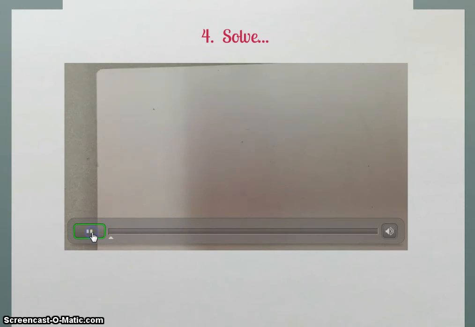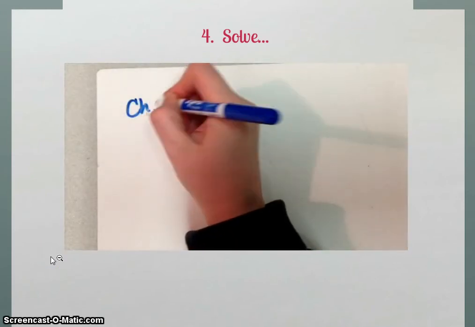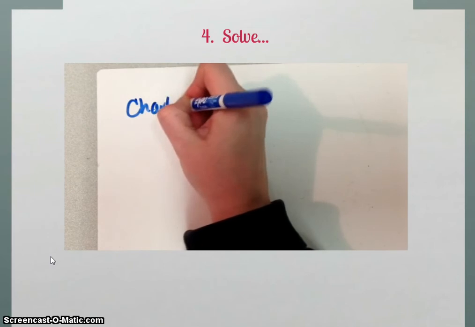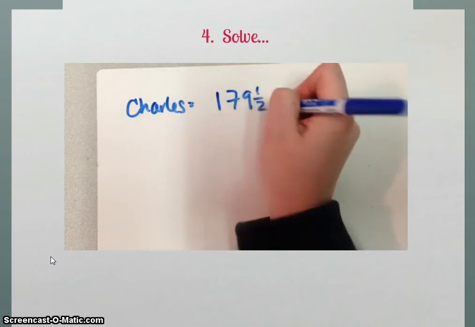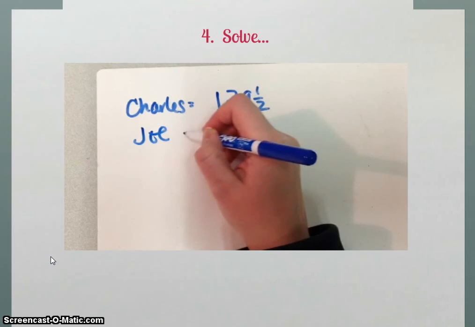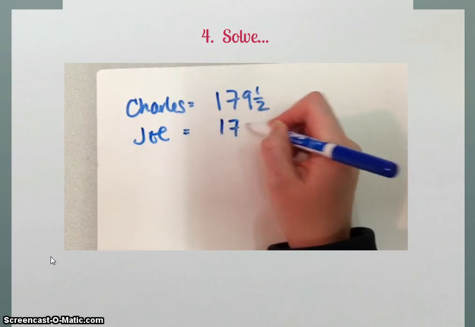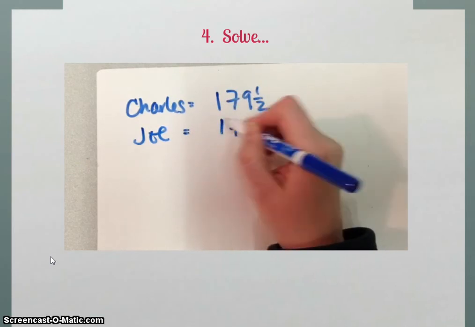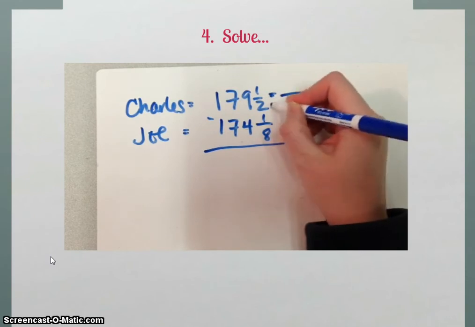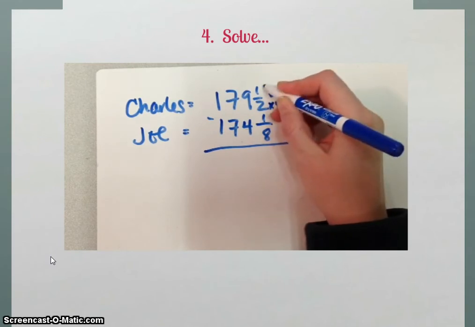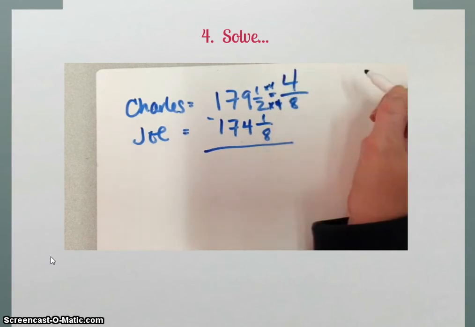Okay, so here I go. I'm going to write out my problem here, my information. I just want to see my facts again. Charles, 179 and a half. Joe, 174 and 1/8. And then I know I'm going to subtract, and I've got to find my common denominator. So let me find that.